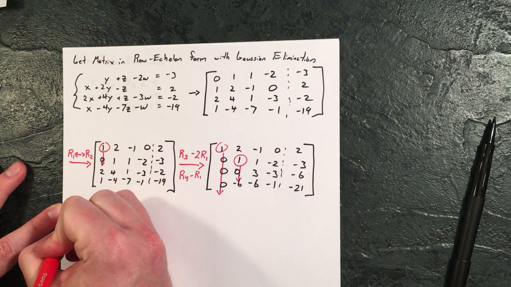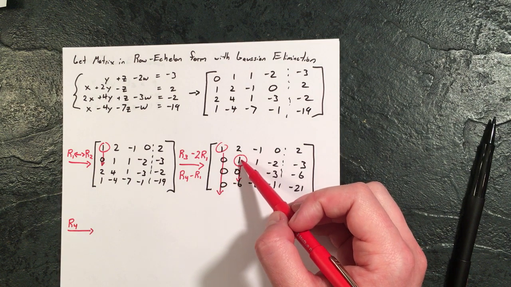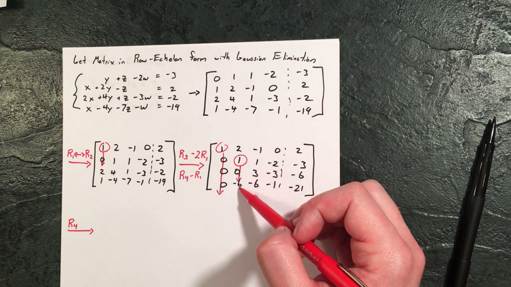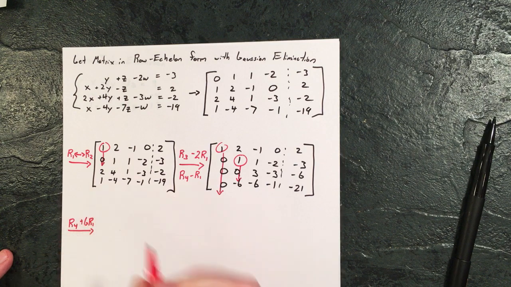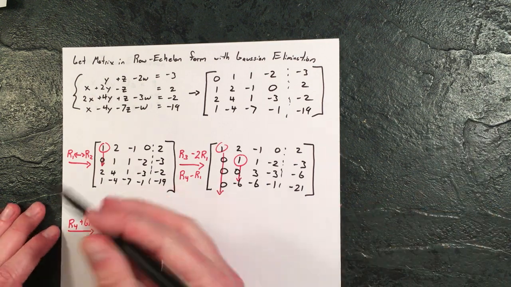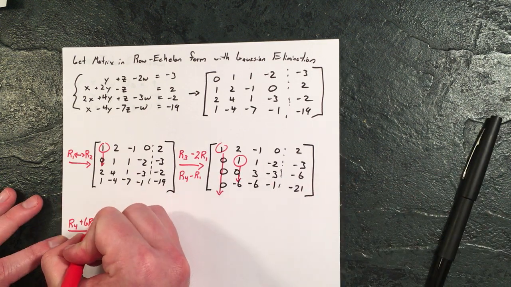We want to change row 4. And what we're going to need to do to that is add 6 1s here, right? So 6 times row 1, or we're not in row 1 anymore, sorry, row 2.